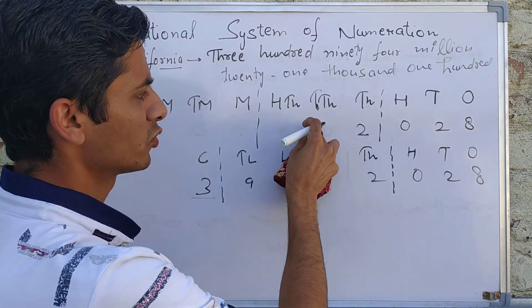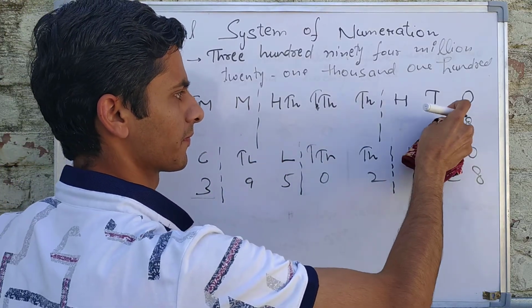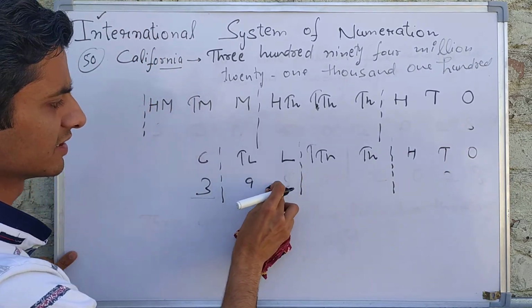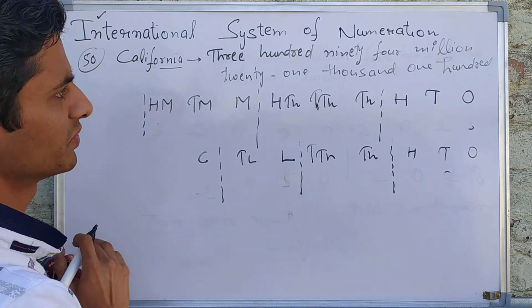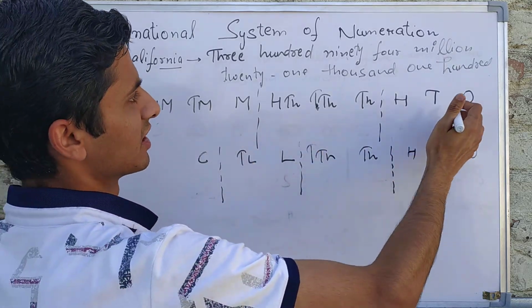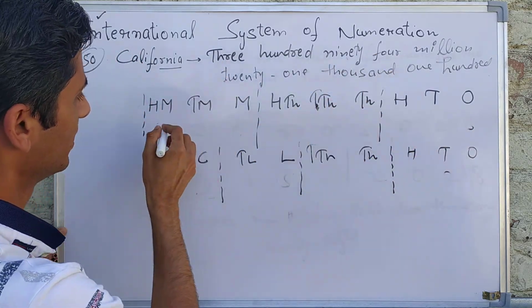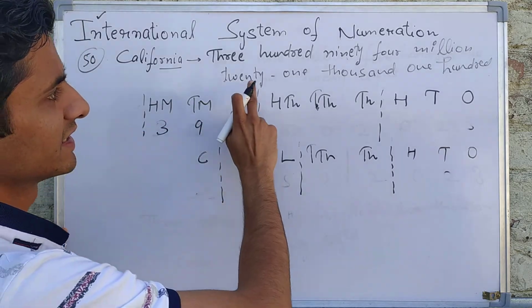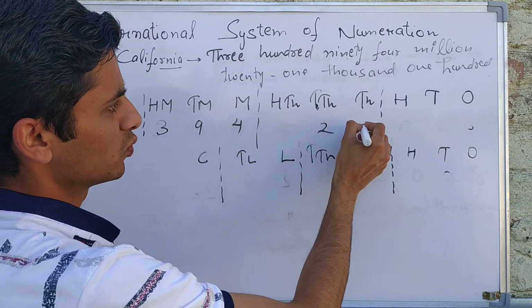Now, how to read it? Obviously, to write it as a number, it would be 394 million. So in the millions period you have 394. Then in the thousands period you have just 21.